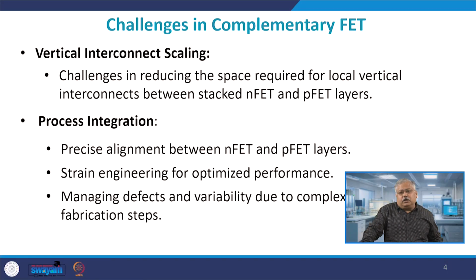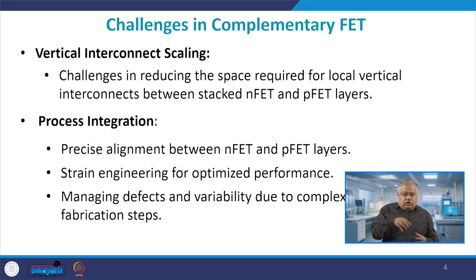So, one important challenge of designing complementary FET and then realizing it properly is, the first one is basically the vertical interconnect scaling. If you have looked into monolithic and sequential both, the whole idea of CFET is basically stacking. So, you go on stacking active devices one over the other, right? And therefore, the challenge is in reducing the space required for local vertical interconnects.